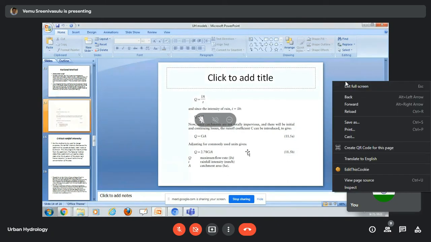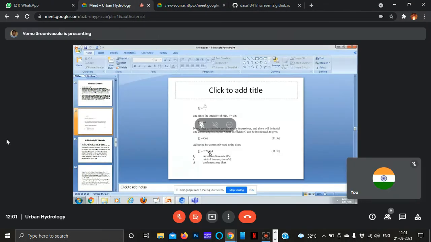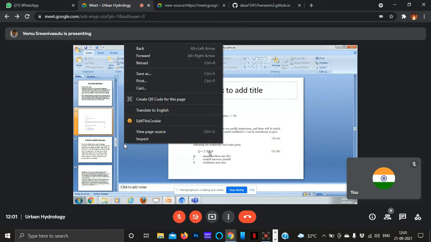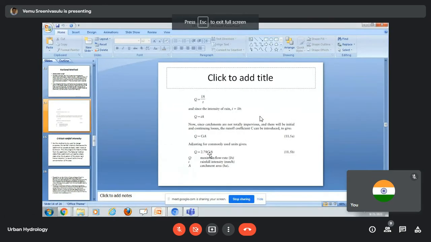If you know the design storm i, and you know the area of the catchment, and you know how to calculate the C, where C is the percentage of impervious area divided by 100, then you will get the Q. So the volume of water accumulated over the urban area can be calculated using this rational method formula.